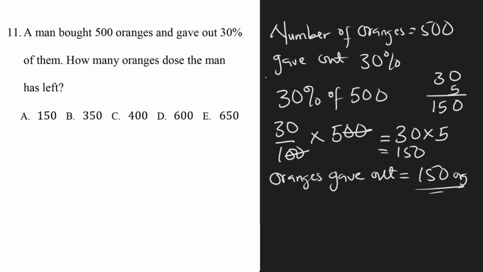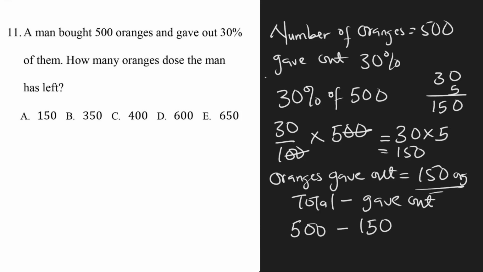Remember, we are looking for the number of oranges that is left. So we're going to say total oranges minus gave out. The total oranges was 500 minus 150. These are the number of oranges he gave out.